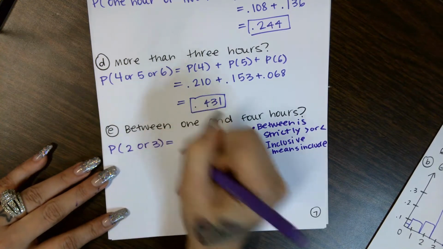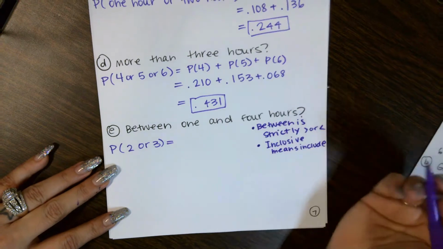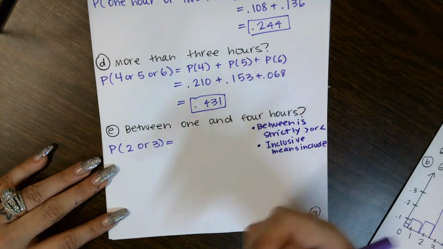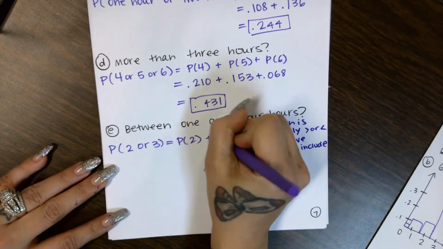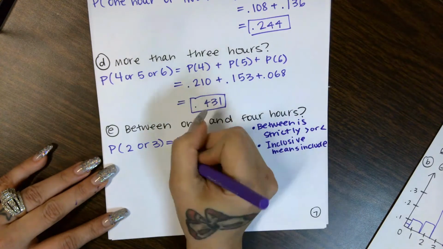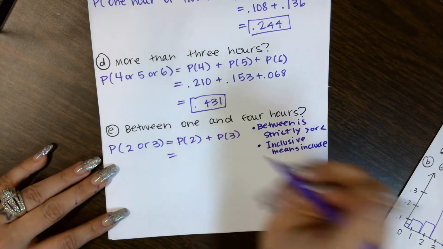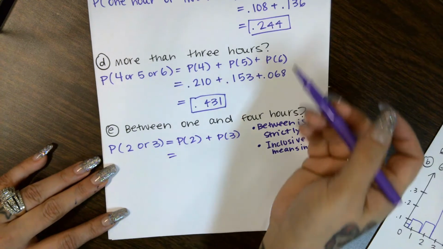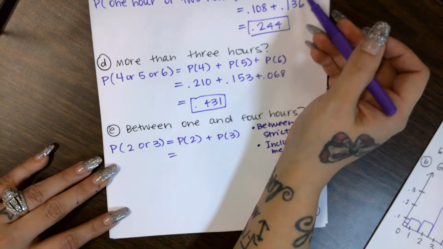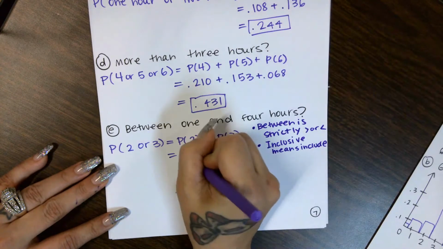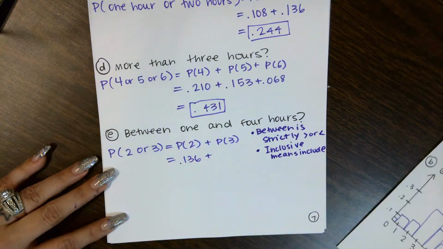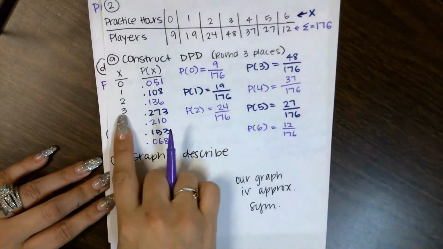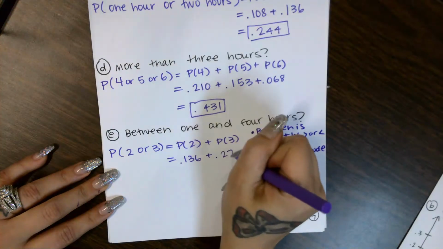Those are mutually exclusive. You'll notice that they all are, because they're individually different hours. So I'm going to do the probability of 2 hours, and I'm going to add to that the probability of 3 hours. I could look right up here at that C part. There's a P of 2. It was 0.136 plus P of 3. I haven't written that down yet, but if I recall my DPD, it should be 0.273. I got 0.273.